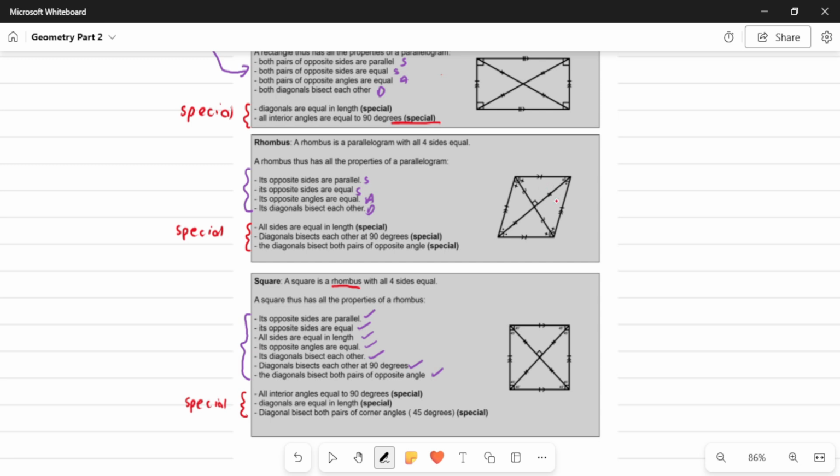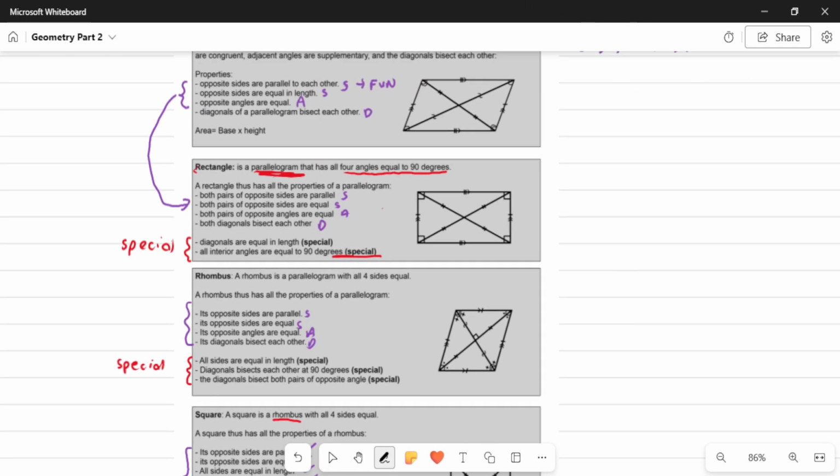So given the diagram, you can make the diagram look exactly like this. If you know that the diagram in your paper is a square, you can make use of all of these properties here. So this is what if, then. If this, then these. If this, then these. Right? If this, then these. So on. If the parallelogram, then you can use all of these properties.